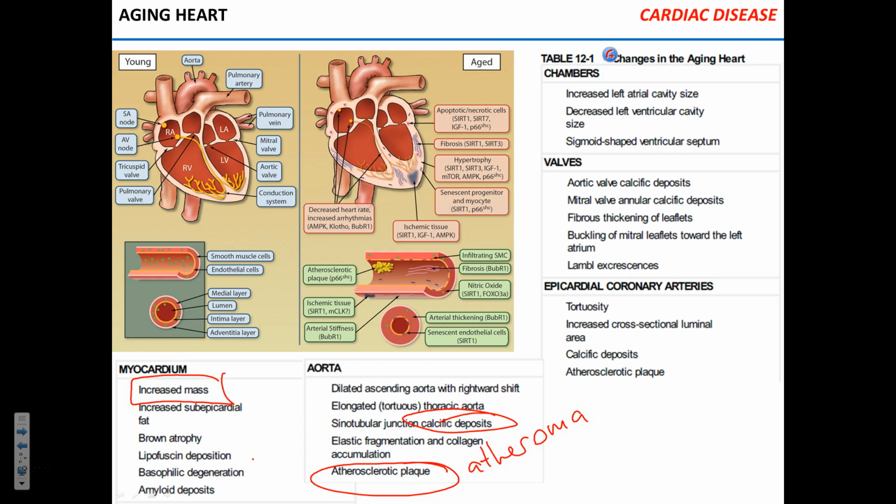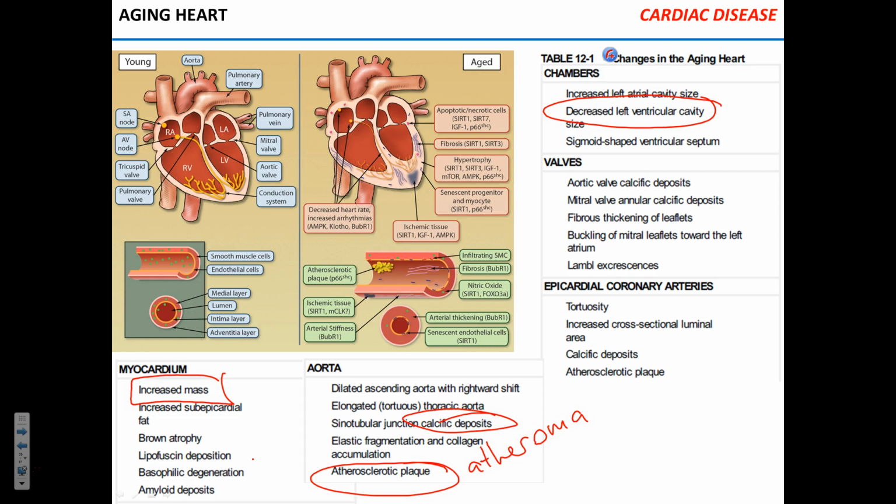Okay? Chambers: the left ventricle will become a little smaller because of the increased thickness of the muscle. Does that make sense?